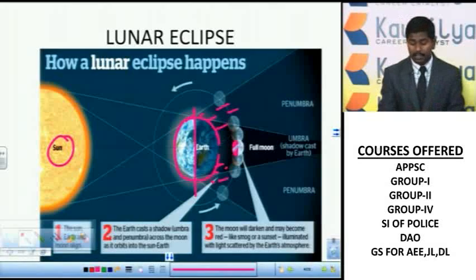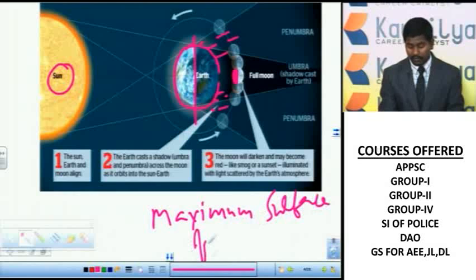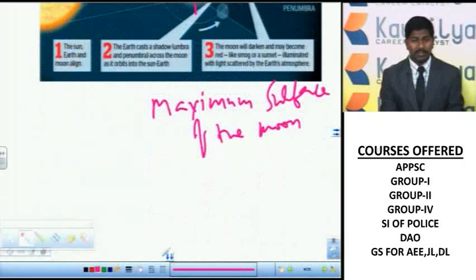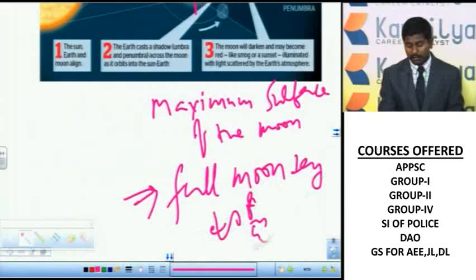So you can see the maximum surface of the moon on this particular day. As we can see the maximum surface of the moon, it is called full moon day, or in Telugu, Purnima.